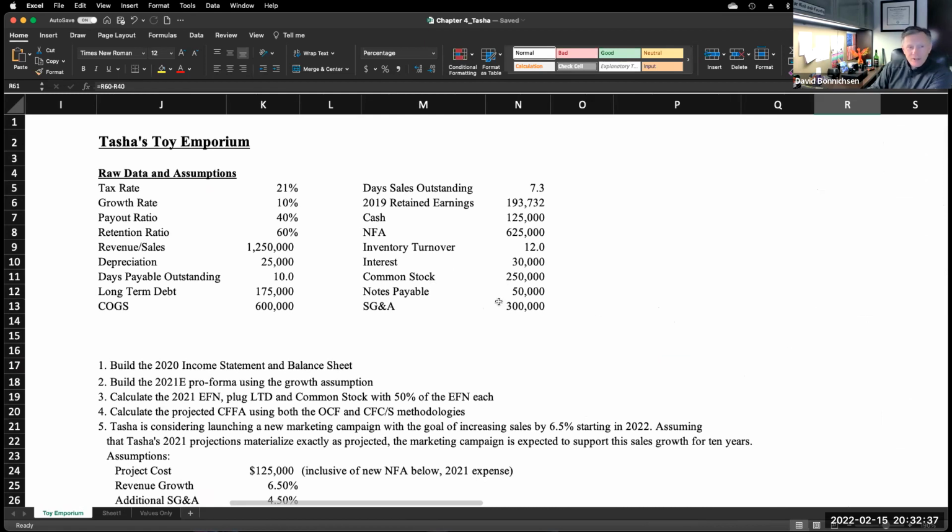So if you get your Excel file set up for this, you'll be done with the first part of the midterm in less than half an hour. And you'll be done with the second part of the midterm in less than 20 minutes, if you get your Excel file set up properly. Questions?